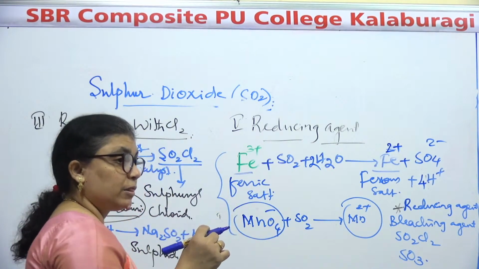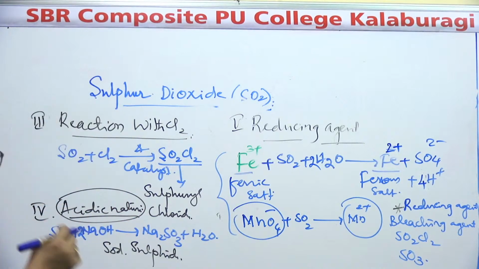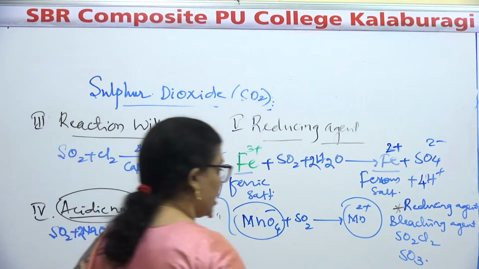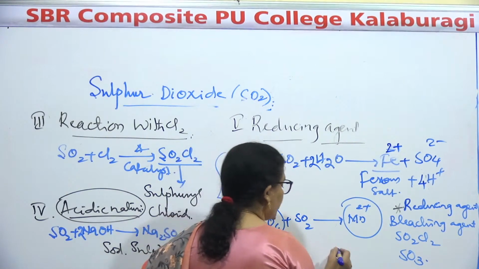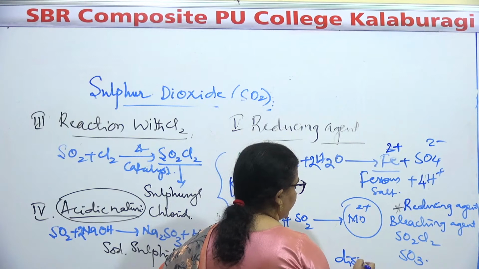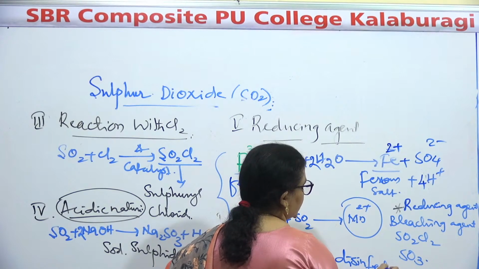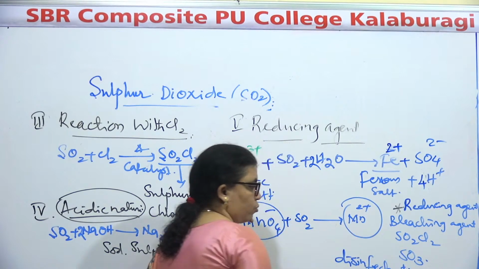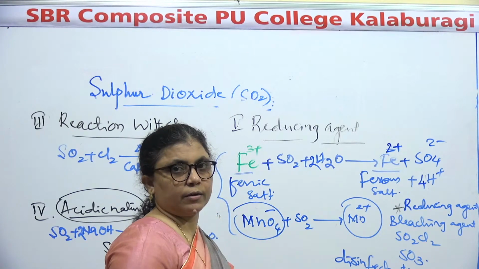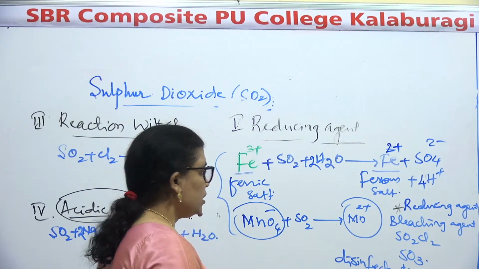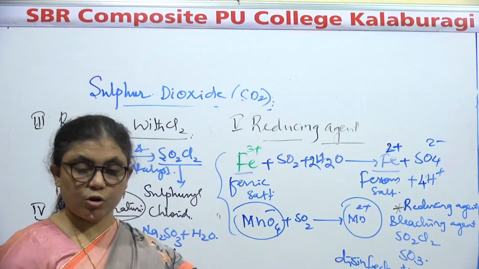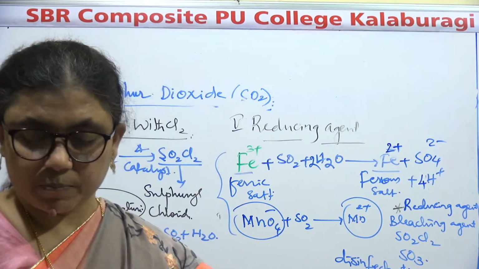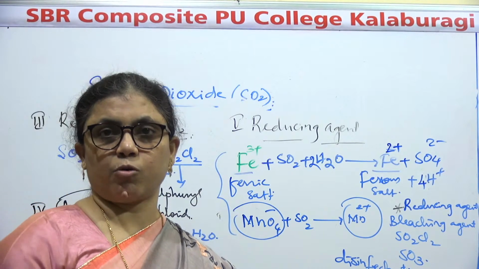So remember, these are some of the uses. Other than that, sulfur dioxide can also be used as a disinfectant. Sulfur dioxide is used as what, children? Disinfectant. Okay, this is all about one of the oxides of sulfur, that is sulfur dioxide.